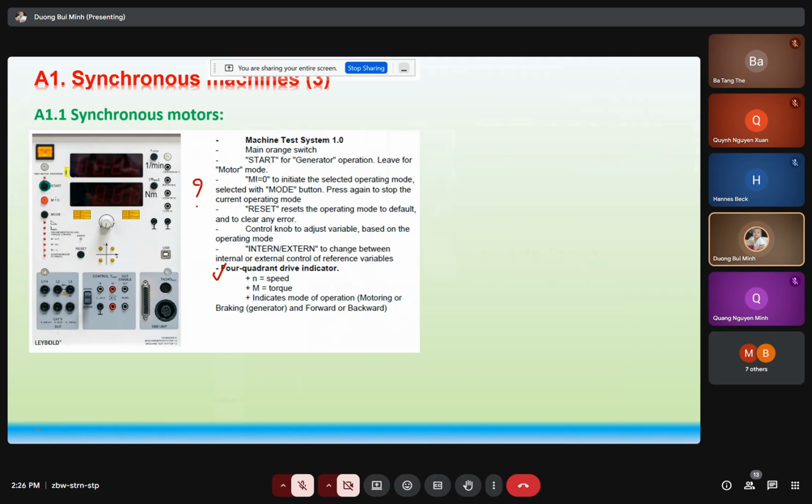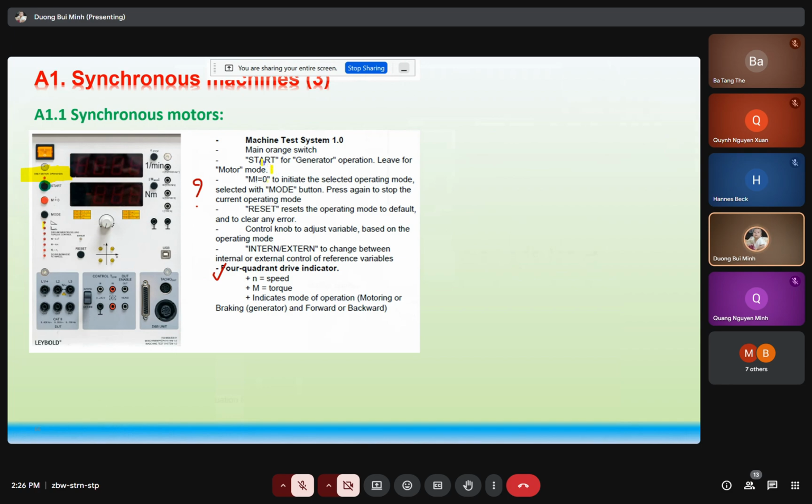If this light is turned on, that means we are doing the motor operation. If this light is off, that means we operate in the generation mode.